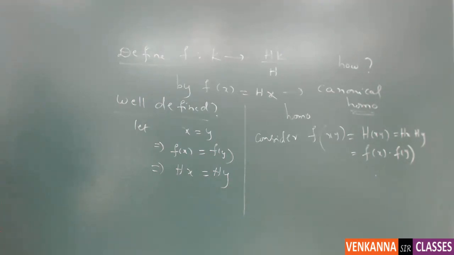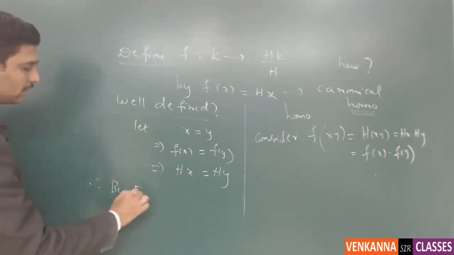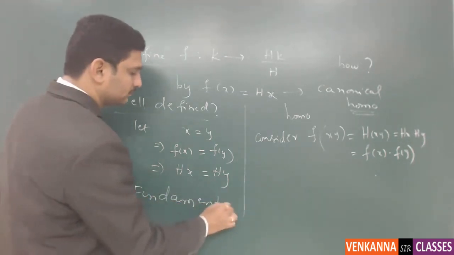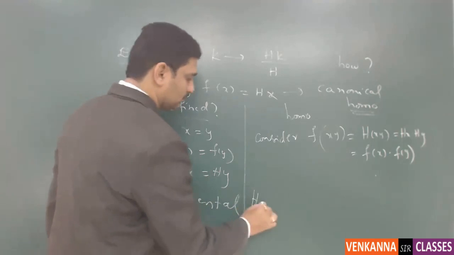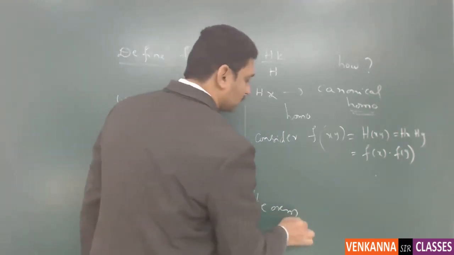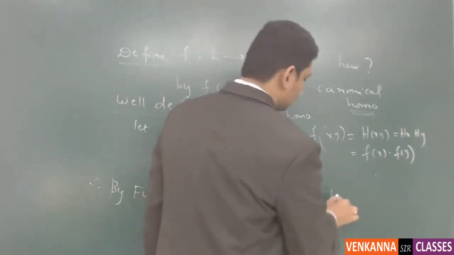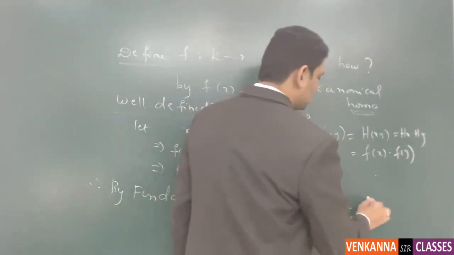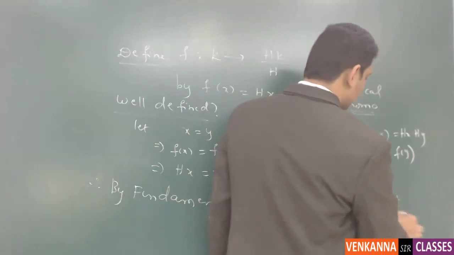That's why I am skipping that part. There is no need to show that separately. It is onto by default. Therefore, by the fundamental theorem, you can have that K by kernel F is isomorphic to HK by H.